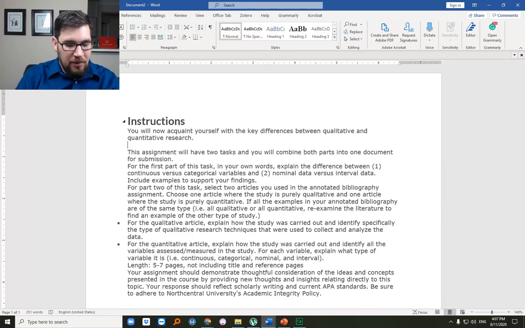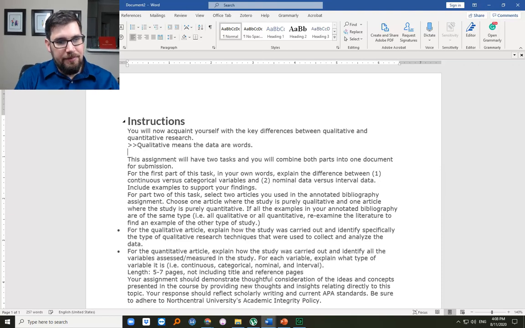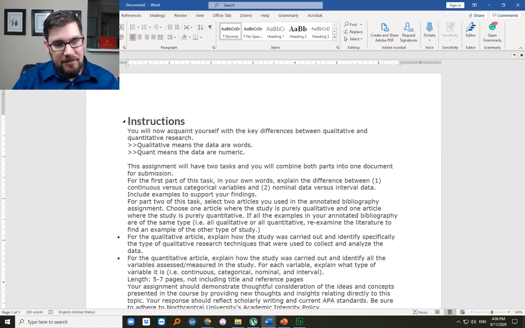You should have been reading about this, but mainly qualitative means the data are words. Quant means the data are numeric. It's a very reductive, simplistic explanation.